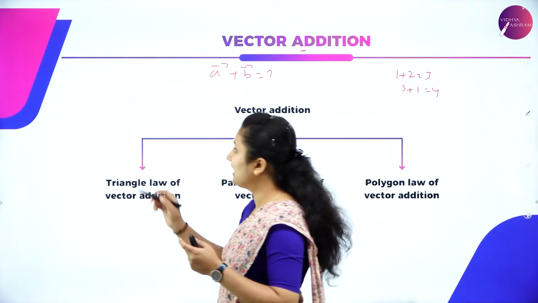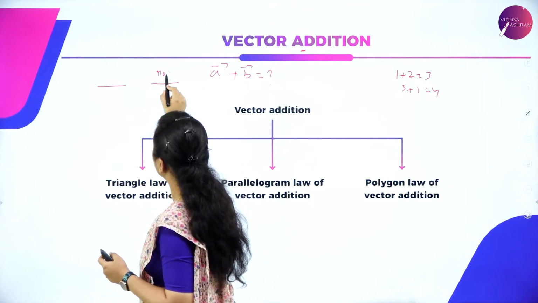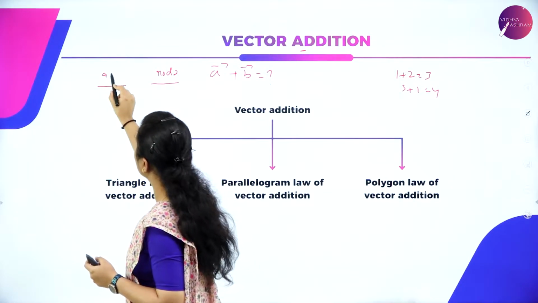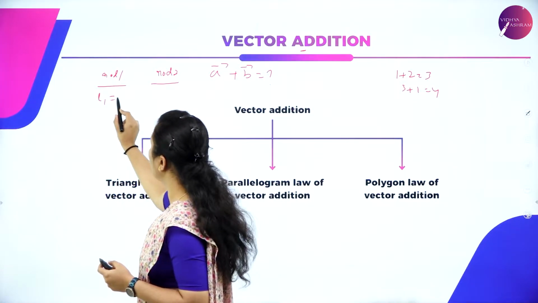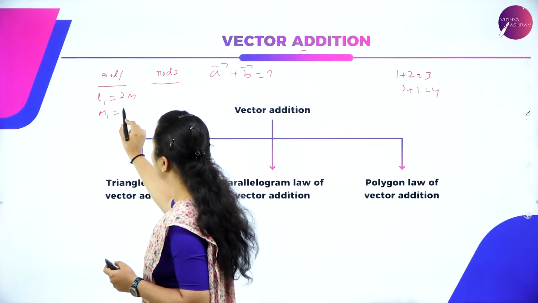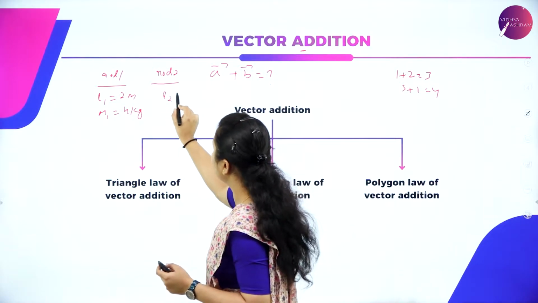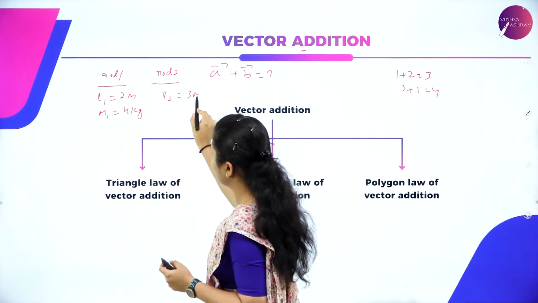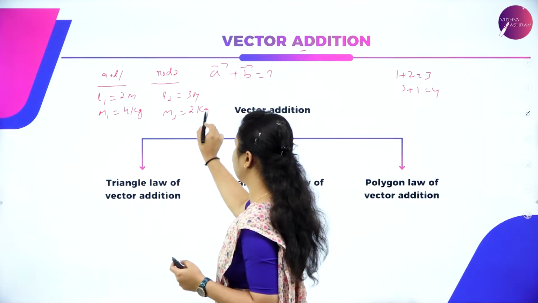For example, addition of scalar, you have two rods, rod 1 and rod 2. The length of rod 1, L1, is 2 meter and mass M1 is 4 kg. For rod 2, the length L2 is 3 meter, mass M2 is 2 kg.